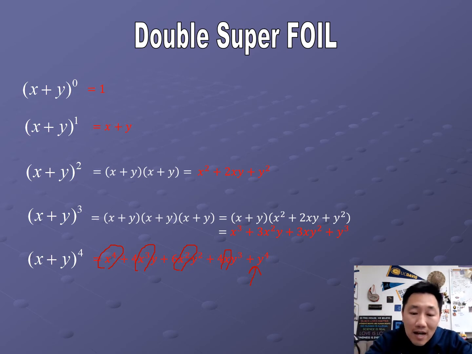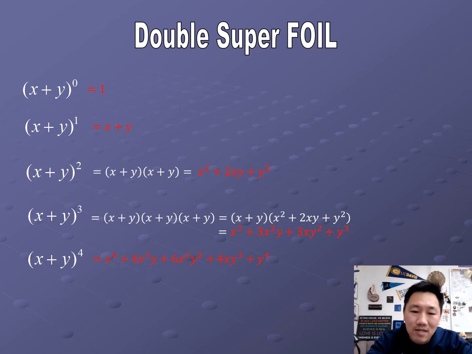Let's look at the y's. All right, the first term has no y, and then you have y to the first, and then you have y to the second, and then you have y to the third, and then you have y to the fourth. All right, so that's also a pretty clear pattern.